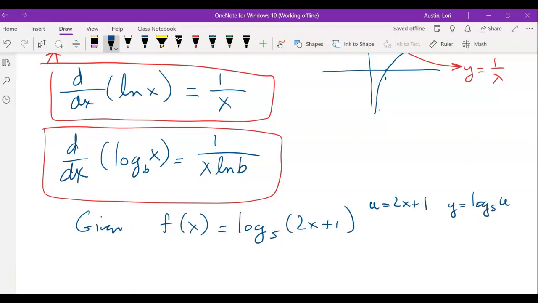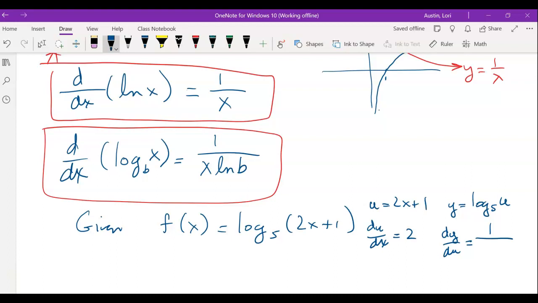Once you start using the chain rule a lot, you don't have to keep writing out what your u is, but it is helpful in the beginning. So, all right, du dx is just 2. Plus it breaks it down and makes it easier for you to find the derivatives. And we just learned that dy with respect to u in this case is going to be 1 over u times the natural log of the base. Just follow the pattern here.